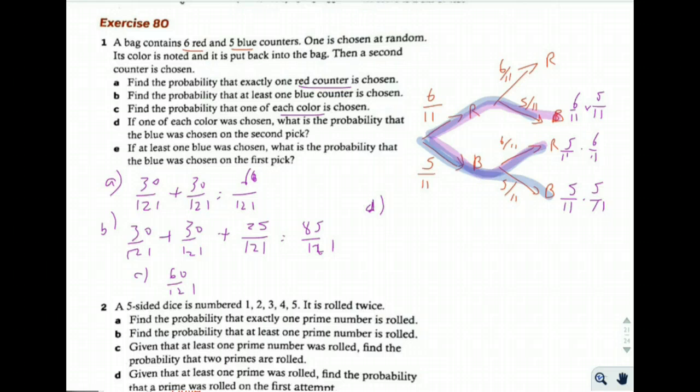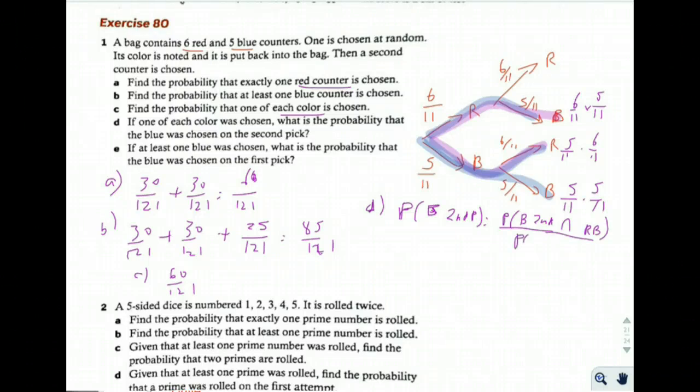Okay, so to figure that out, we say the probability of blue on the second pick is equal to the probability that blue was chosen on the second, intersect with that red and blue were both chosen.